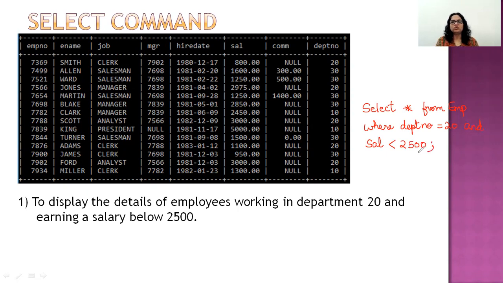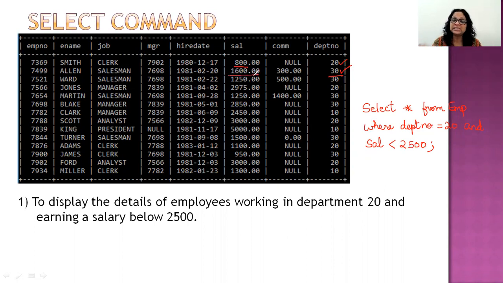What answer should you expect? Okay, let's look at the first person. He's department 20, but what is his salary? 800. Yes, he satisfies both the conditions. Department 20 as well as salary less than 2,500. So his record gets displayed. Let's go to the next person. His department is 30, so he doesn't satisfy the condition for department number, but he does satisfy the condition for salary.